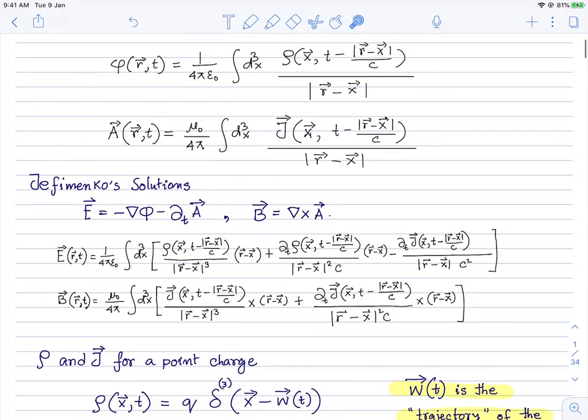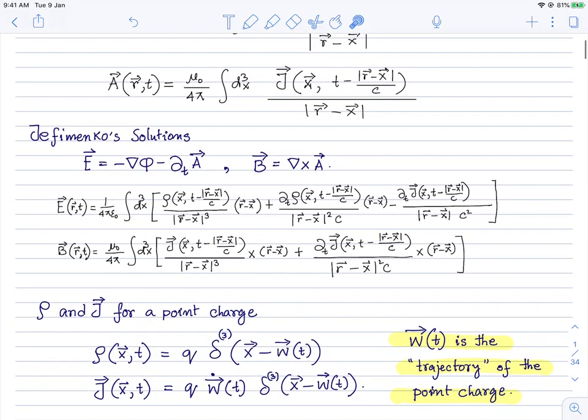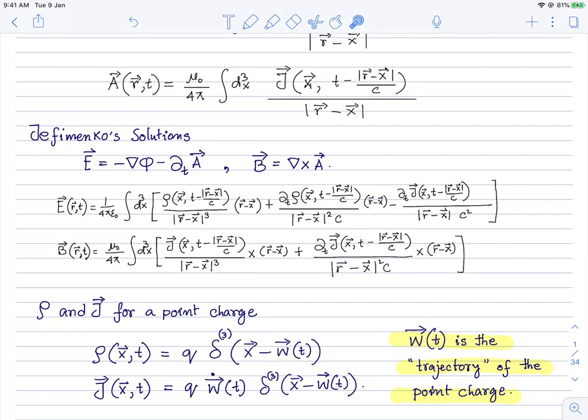Now we will consider a point charge which is moving. Then the corresponding charge density can be written in the form of a delta function, and even the current density can be written using a delta function, where this w of t is the trajectory of the point charge, and w dot is simply the velocity of the point charge.